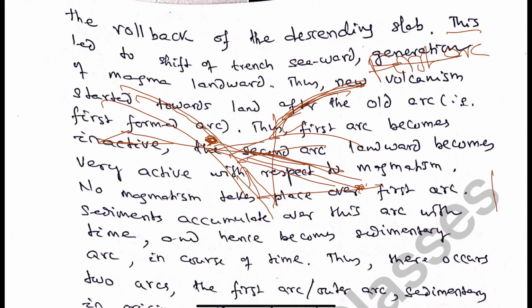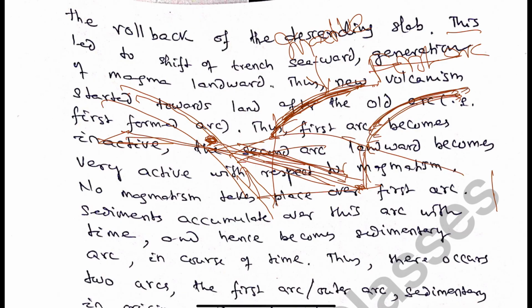So there will be no magma formation and rise of magma along this arc. So this arc will become inactive. No magmatism will be received here because of this lowering of the angle. Now magma will be created here. So another arc will be developed here towards land. So this will be the inner arc. This will be the outer arc.